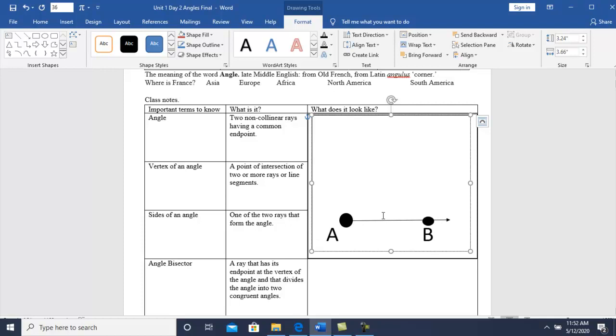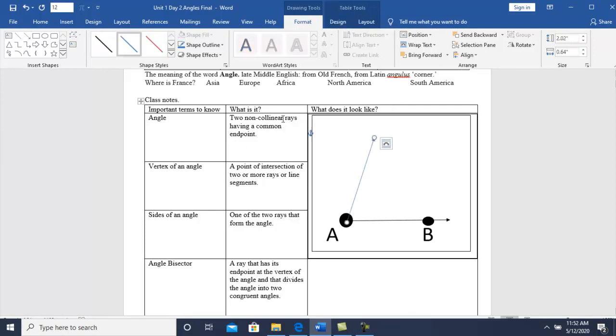It has one endpoint and one point on the ray. Now, when you draw the second ray, it's going to be non-collinear, meaning it's not going to lie on the same line. So we're going to draw a second one here, and plot a point over here.